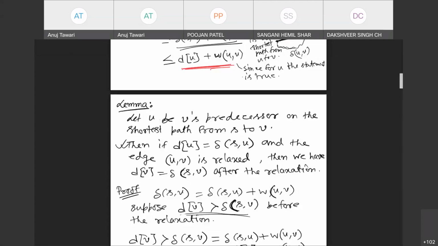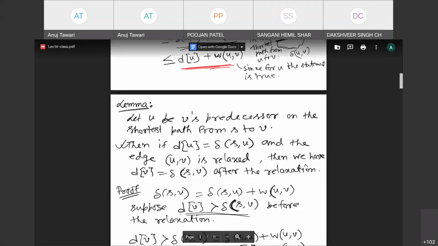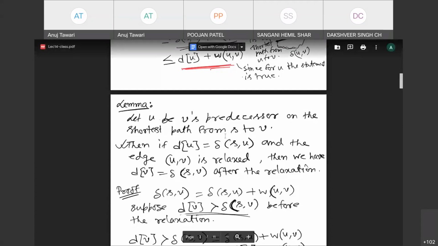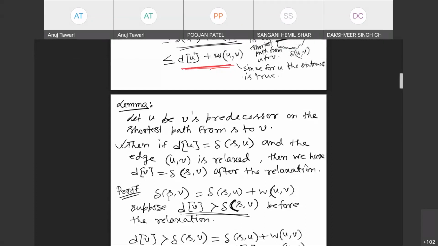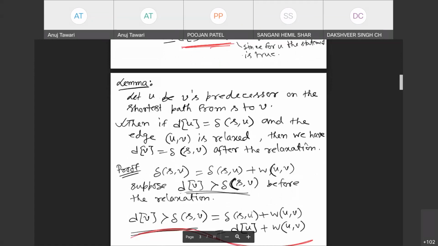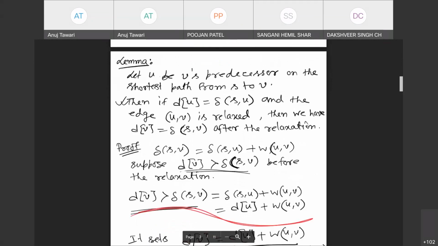So again, we have delta SV equal to, since U is the predecessor of V on this shortest path, the length of the shortest path from S to V is the length of the shortest path from S to U, and then we just follow this edge from U to V. Again, we use contradiction, which is suppose that dV is larger than this delta SV before the relaxation step.